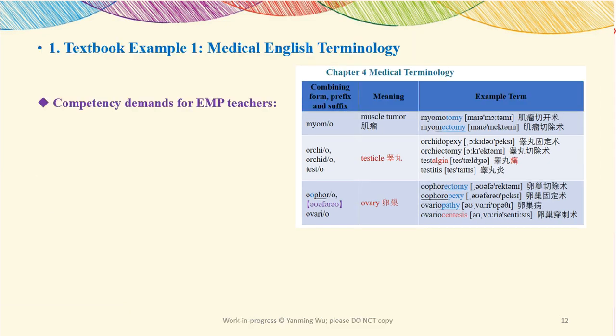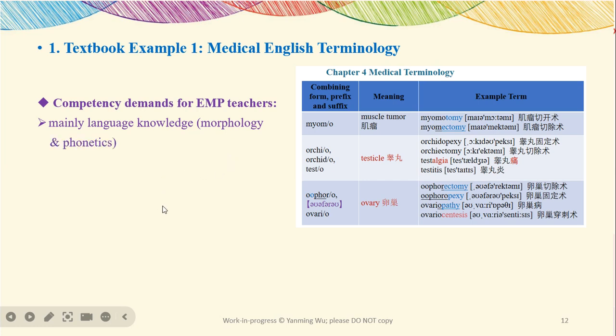For this kind of course contents, the competency demands for EMP teachers will include mainly language knowledge, including morphology and phonetics. Some medical knowledge is also helpful, and this will be aided by the teacher's L1 Chinese translations.